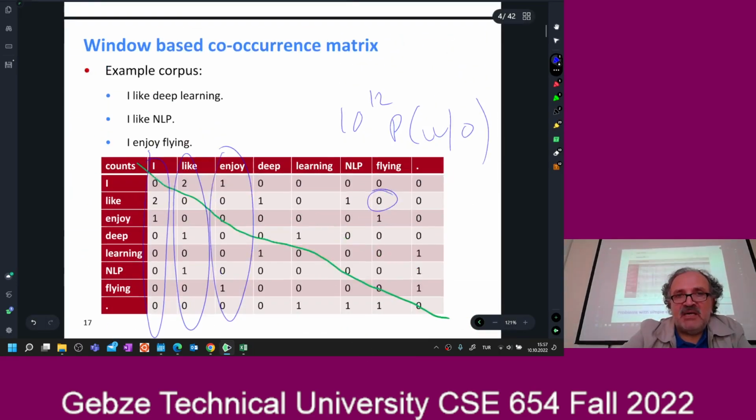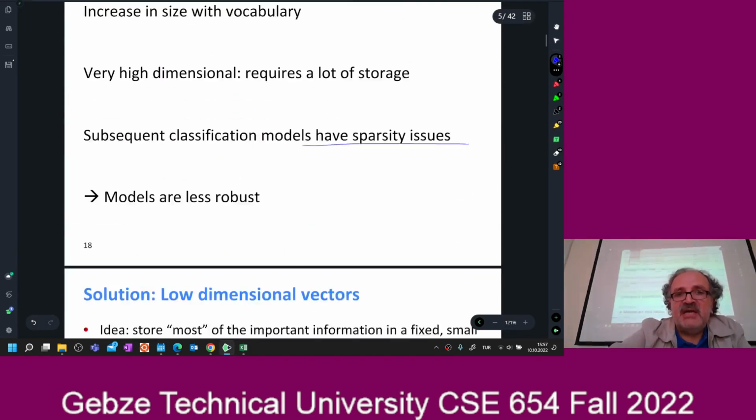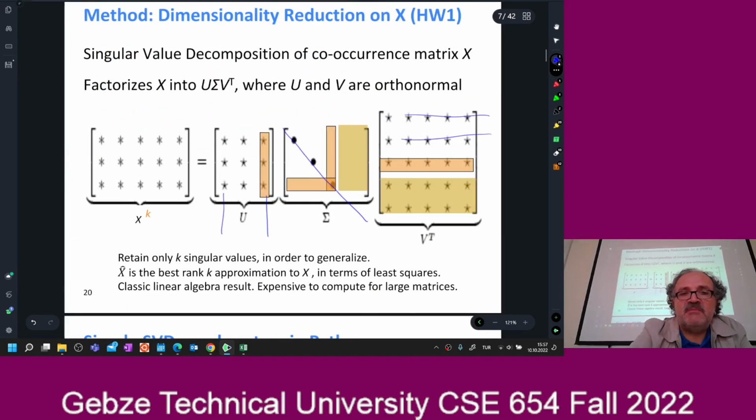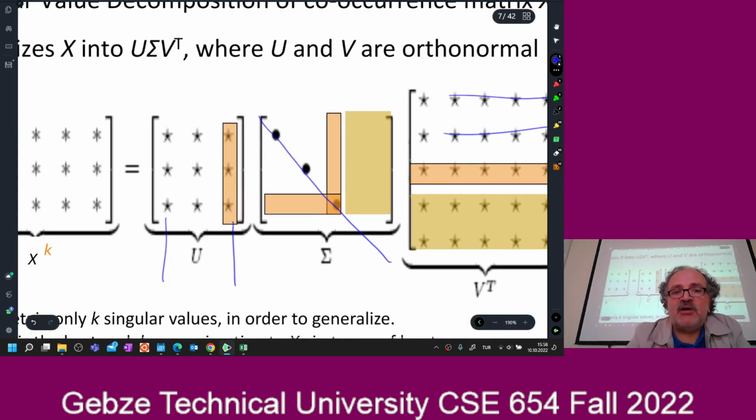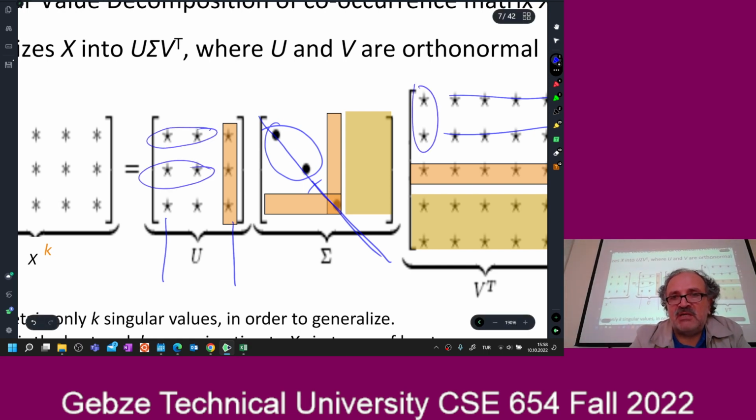Instead of using this original matrix, let's say in this diagonal I have only two non-zero elements. That means the rest of them can be ignored. Then only these two numbers are important. Just ignore the rest of them.